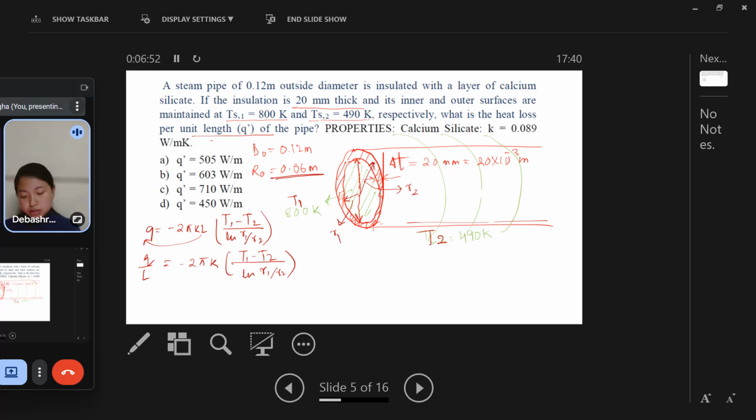From the diameter, 0.12 meter, the inner radius will be 0.06 meter. So R1 is 0.06 meter. And what is R2? Can you tell me what is R2?